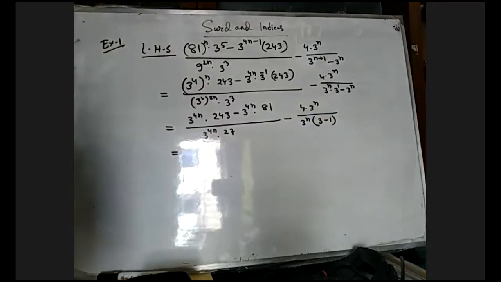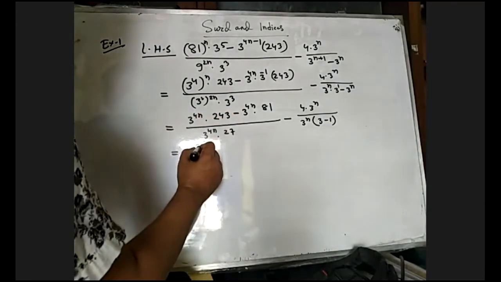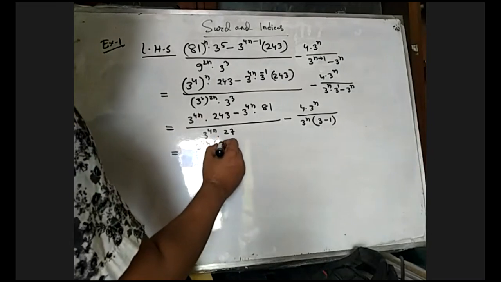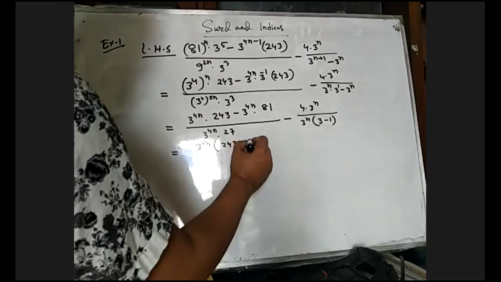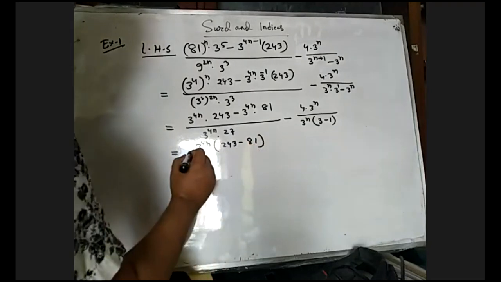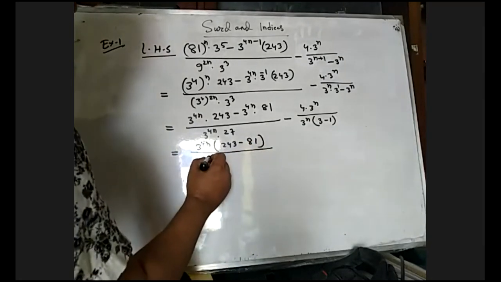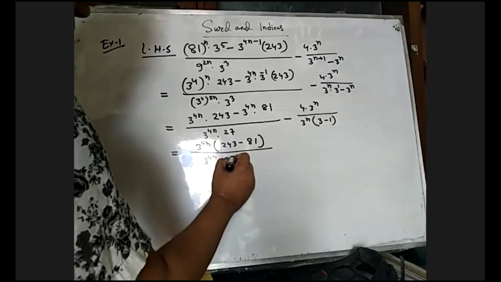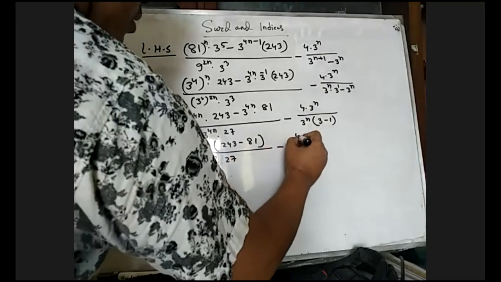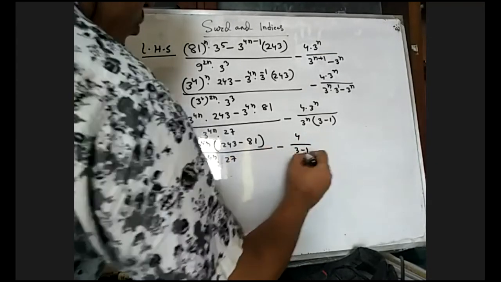So this can be written as 3 to the power 4n will be common. 243 minus 81 divided by 3 to the power 4n, and 27 minus 4 divided by 3 minus 1.